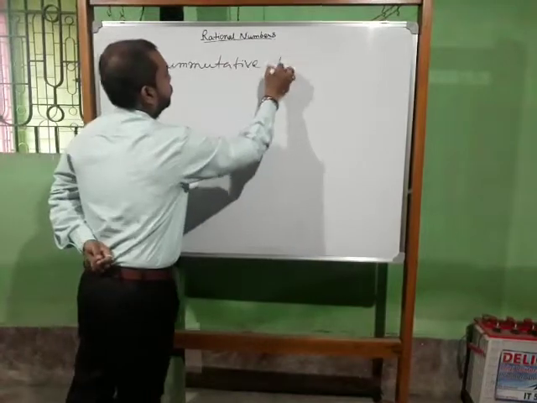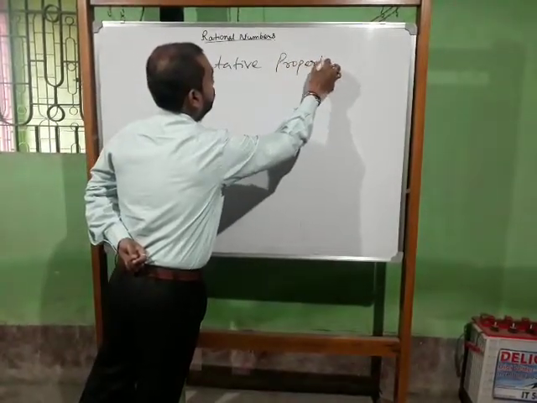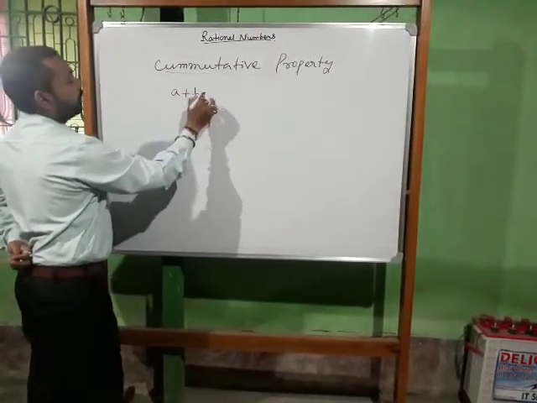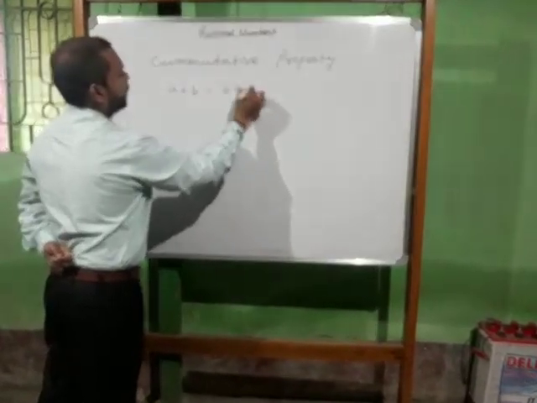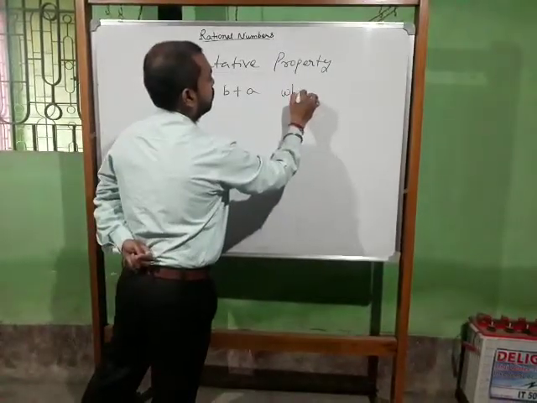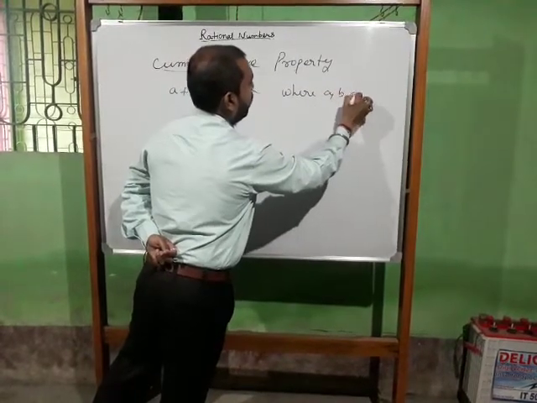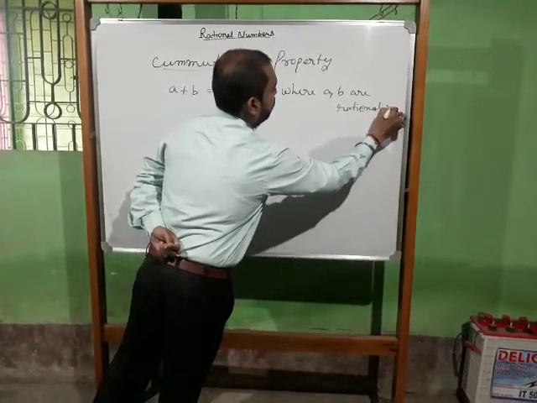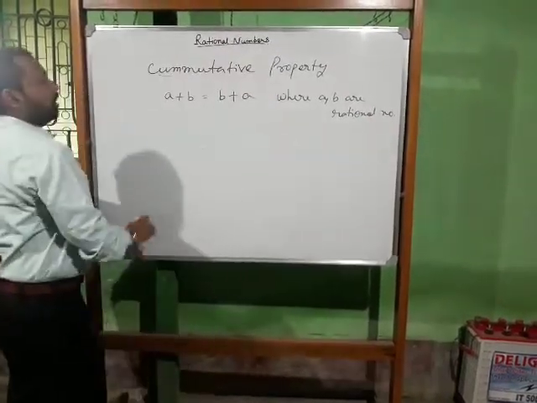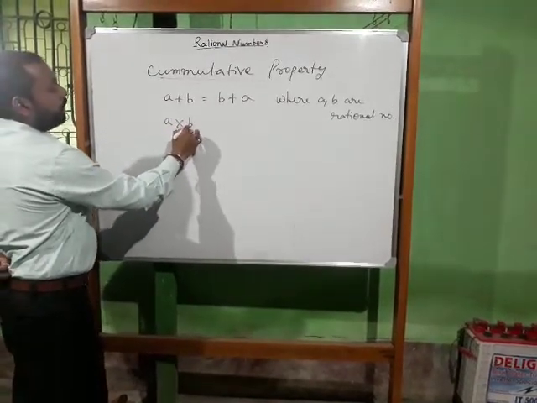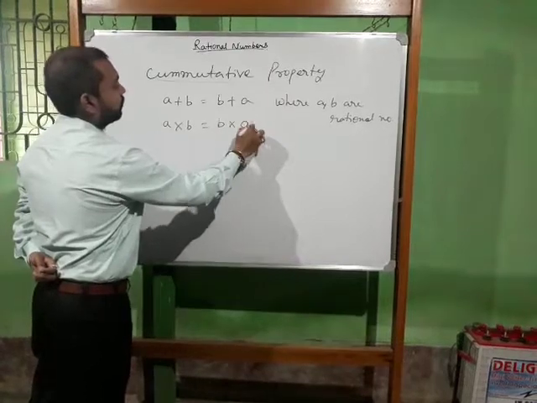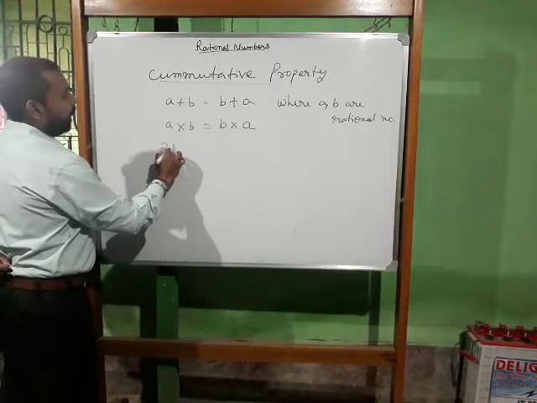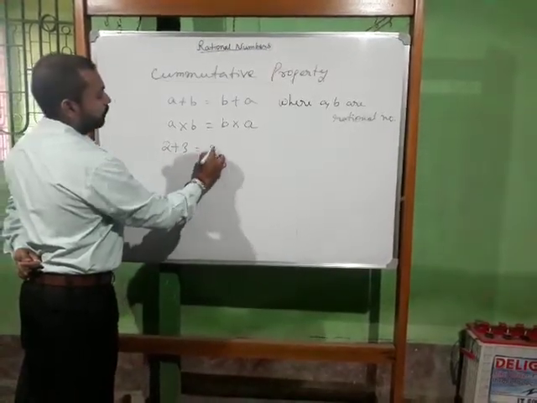Commutative property. What does this property say? That A plus B equals B plus A, where A and B are rational numbers. Similarly, A into B is equal to B into A. Now let me give an example. 2 plus 3 is equal to 5.